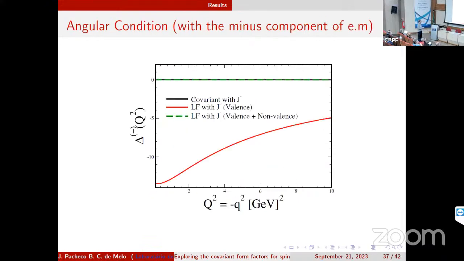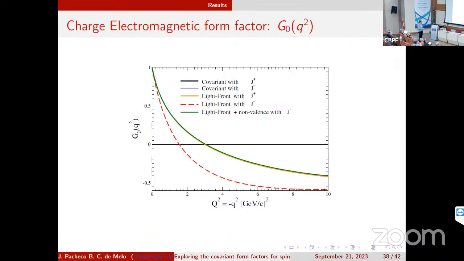Fine. And now the form factor G charge, no? And the covariant is black, it is here, impossible to distinguish, because with minus and plus covariant, I use the Inna Grach prescription, but it doesn't matter which prescription I use. If I calculate covariant, no matter.